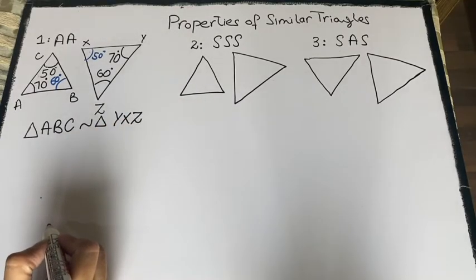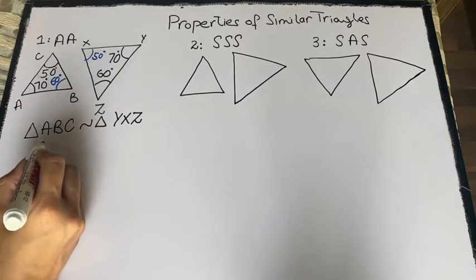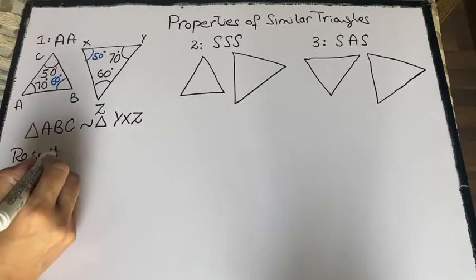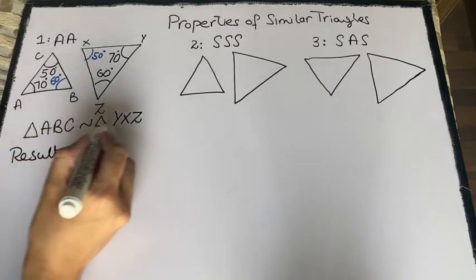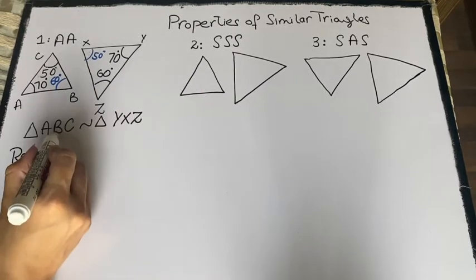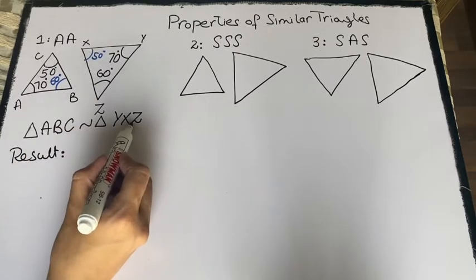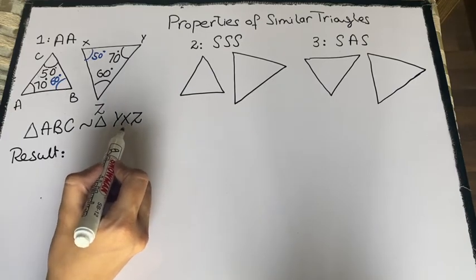What is the result if you have proved that these two triangles are similar? The result of the triangle says angle A is equal to angle Y, angle B is equal to angle X, angle C is equal to angle Z. Angles are equal but sides are proportionate. What is the meaning of proportionate?